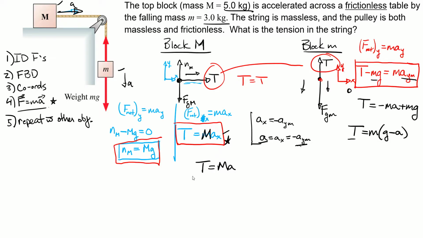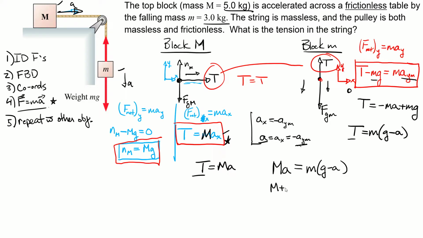And since this T is equal to that T, right now we're at the point of it's just solving equations and it's algebra. So I know capital M times a is equal to lowercase m times (g minus a). I can do some more algebra on this and solve for my acceleration.